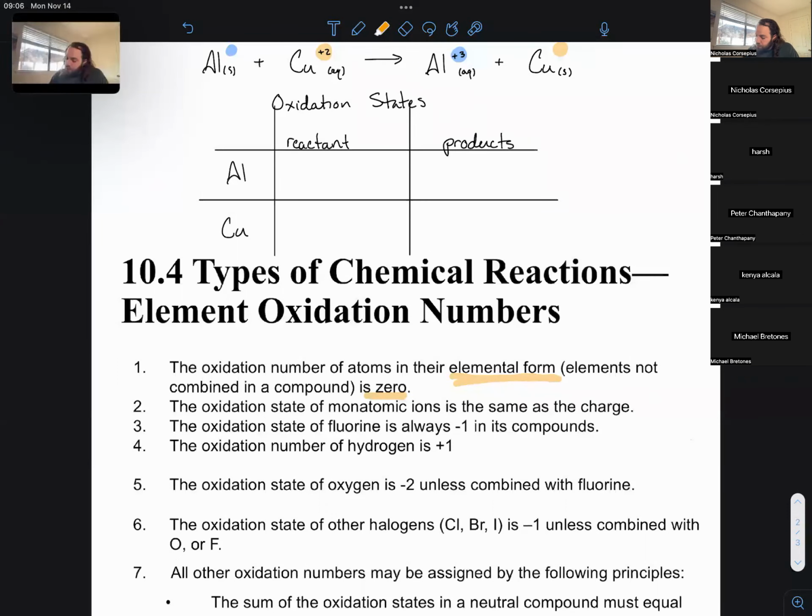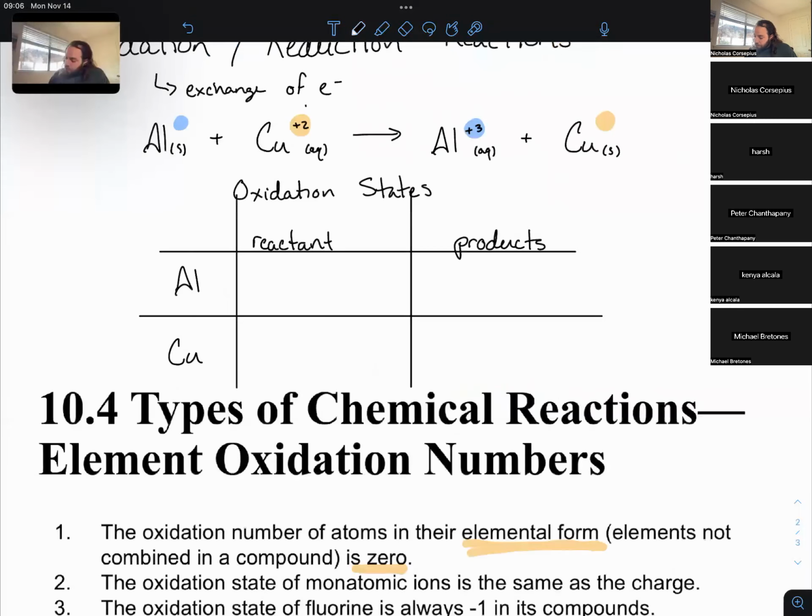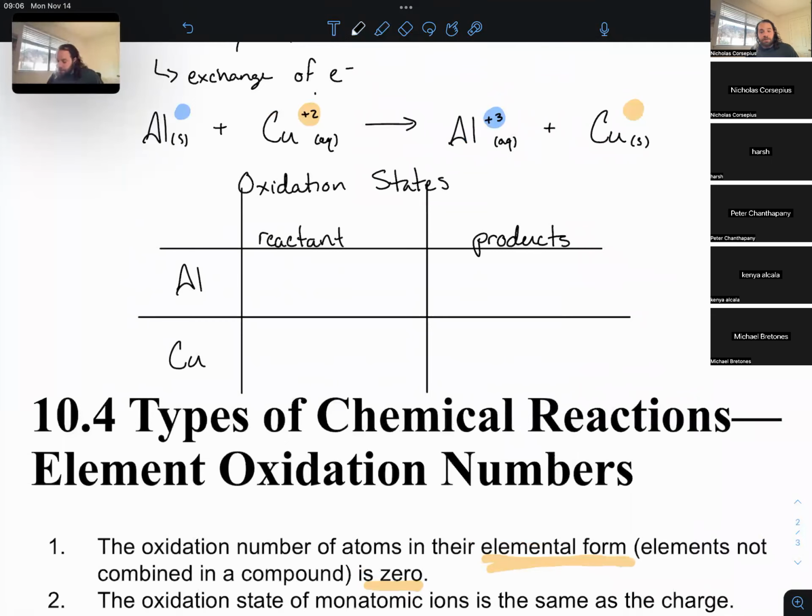So if you have a neutral atom all by itself, its oxidation number is 0. Based on that rule alone, I can assign 2 things on my table. I can assign the aluminum on the reactant side. That's got an oxidation number of 0 because it's aluminum all by itself with no charge. And I can also assign the copper on my product side because it's copper neutral all by itself. So that would also have an oxidation number of 0.